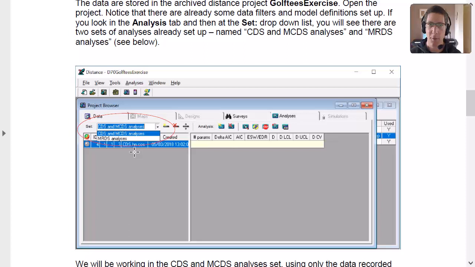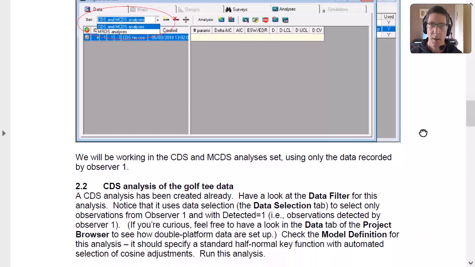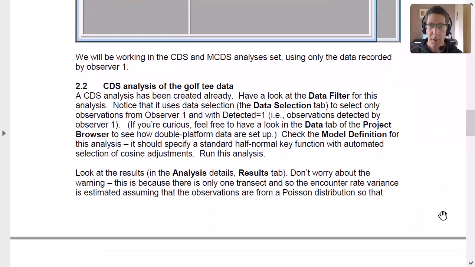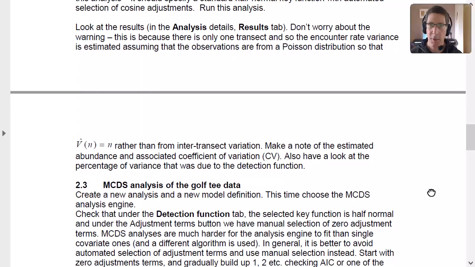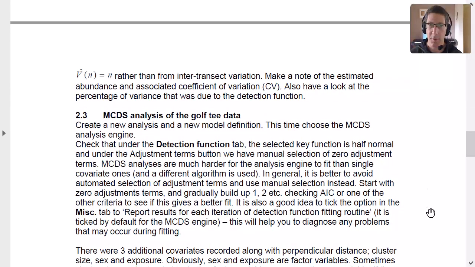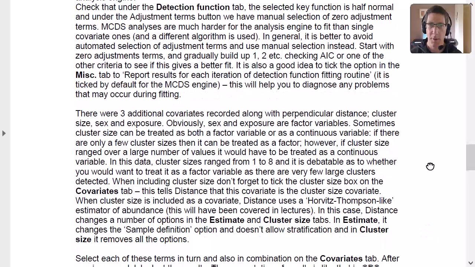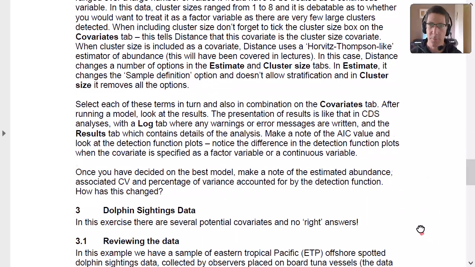So feel free to have an explore around and see how I've done that when you open the project. I used a data filter to filter out just the data for the first observer. So it's asking you to have a look around the project. The question here is asking you to have a look around, fit a conventional distance sampling analysis, and then try some of these covariates and use model selection to see which covariates are selected.